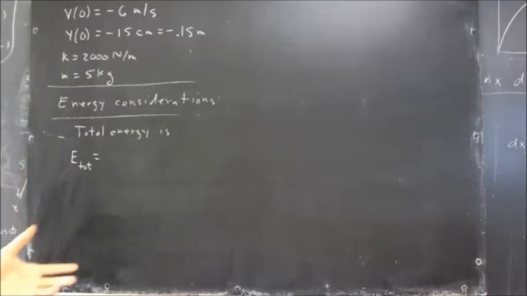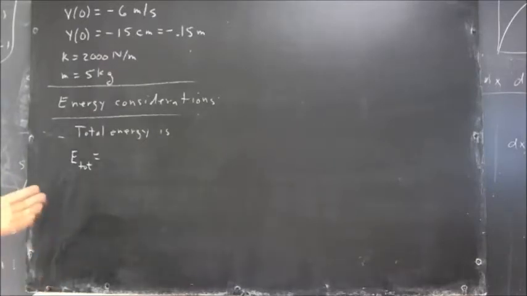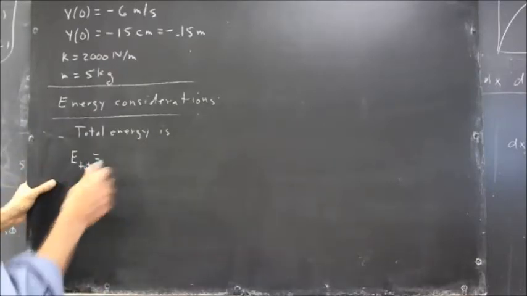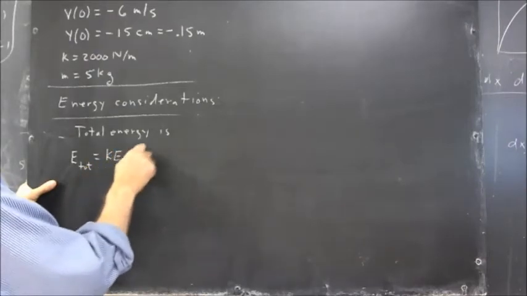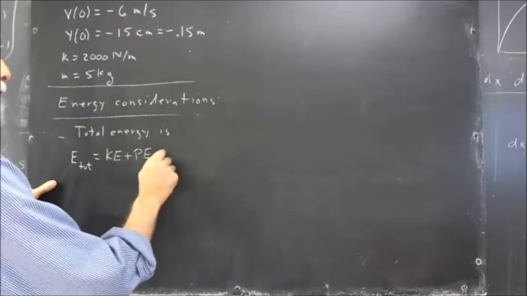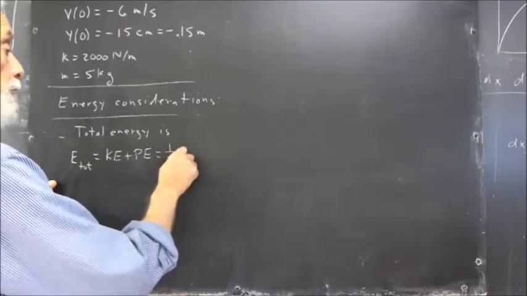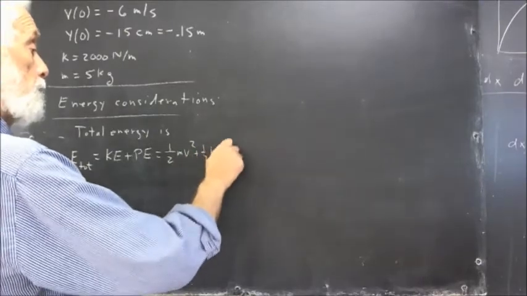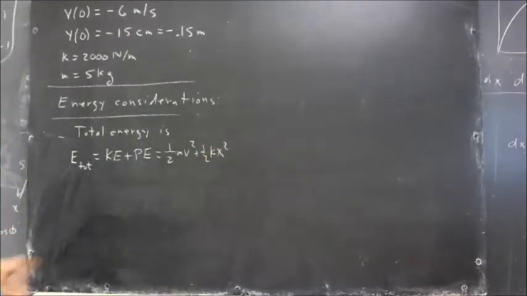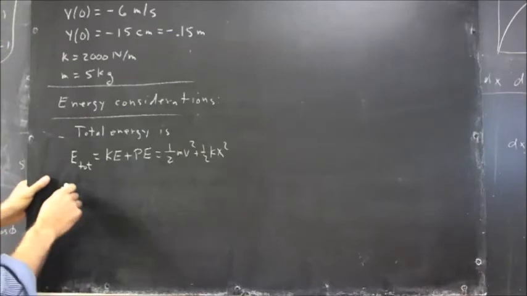So the question is, now what's the total energy? Can you figure out what the total energy of this thing is? Well, you should pause and think about it, but I'm going to say, well, that's the kinetic energy plus the potential energy. So that's 1/2 mv squared plus 1/2 kx squared. And the total energy is unchanging.